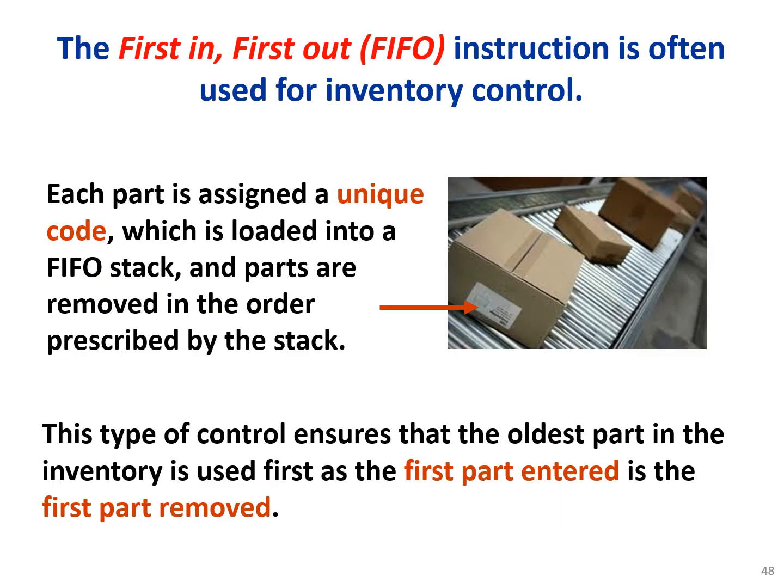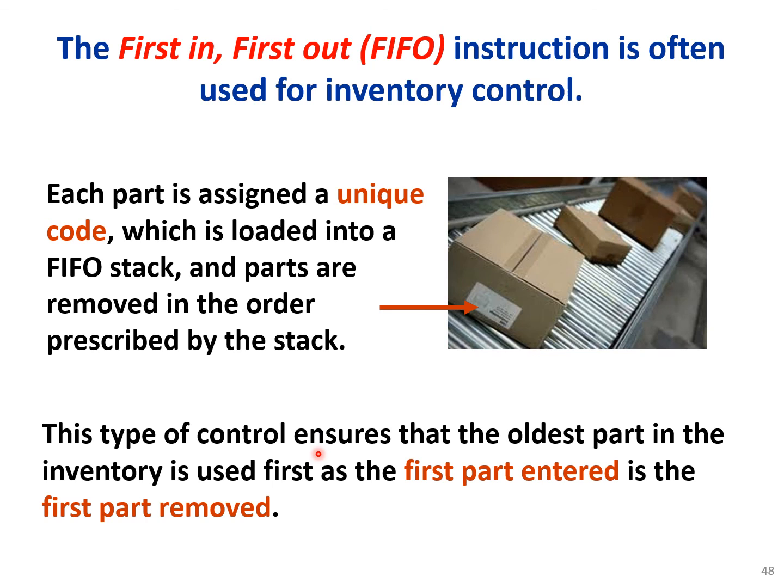The first in, first out instructions are often used for inventory control. Each part is assigned a unique code which is loaded into a FIFO stack, and the parts are removed in the order prescribed by the stack. Okay, so they have a barcode, they have a number, and that will be loaded into the FIFO stack.